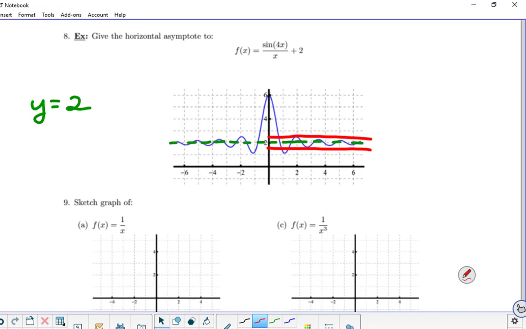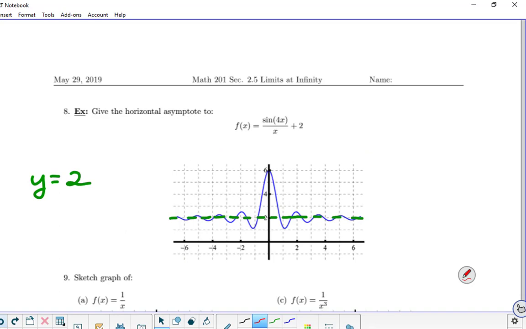Because I can make that window as small as I want, then we know we've got a horizontal asymptote. As long as I put that window centered about 2, I can make it as small as I want, and as I go far enough to the right, the graph will be contained in that window. I can do that for anything, so that's why we have a horizontal asymptote there. If you missed that explanation, that's okay. We're going to do that more in section 2.7.